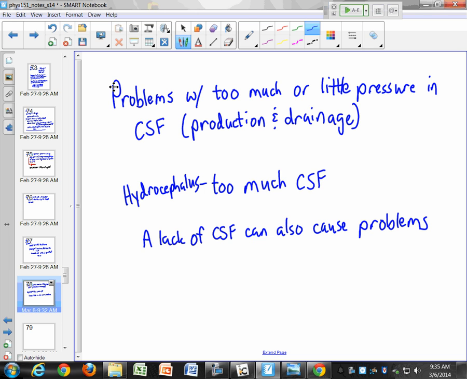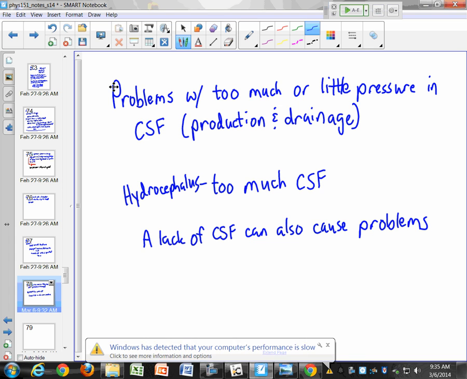Okay, that's a little more than I need to know, but I appreciate that. Does it really come out the ear? Has it ever happened to anybody? No, but y'all have seen it before? No? Okay. So lack of CSF can also cause problems. The brain can actually bump up against the skull.